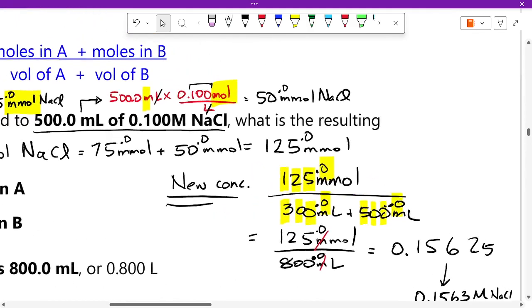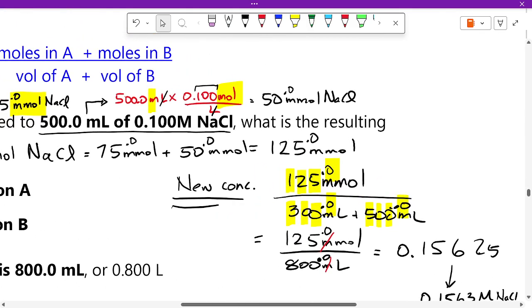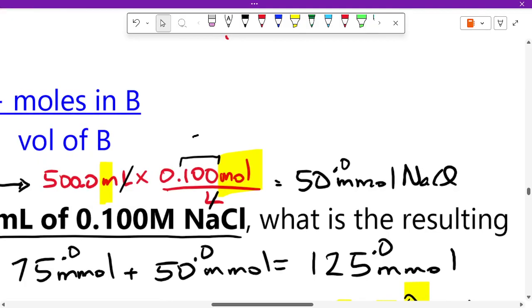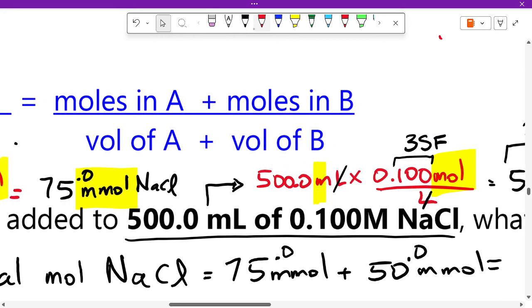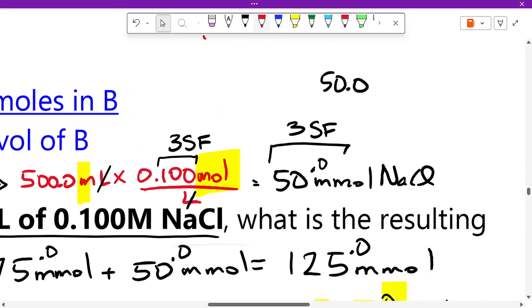Which one where? 0.100. Yes, it is. So that 0.100, 3 sig figs here, gives me 3 sig figs here, yes? But then what I do is I take my 50.0 and I add it to my 3 sig figs 75.0.